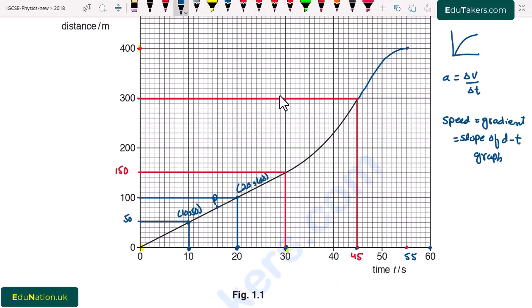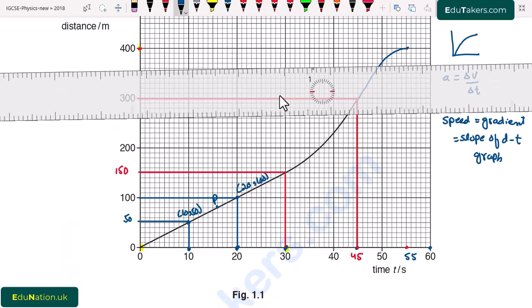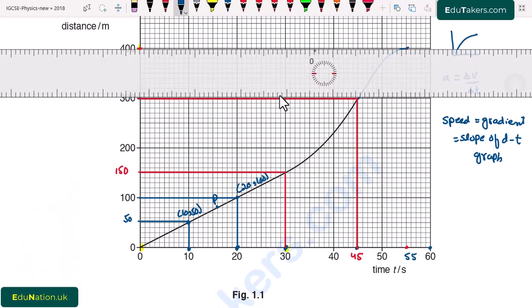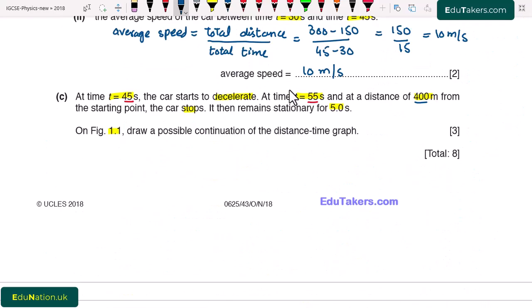So there will be a straight line parallel to the time axis. I draw it. You can see that at this point distance is 400 meter and it remains stationary from t equal to 55 to 60 seconds. So we have completed this part.